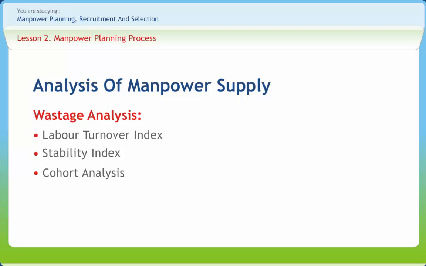Cohort analysis takes into account the length of service, which is an important variable of wastage analysis. This therefore eliminates the defect of labor turnover index. Cohort analysis is more accurate for a small homogeneous group.